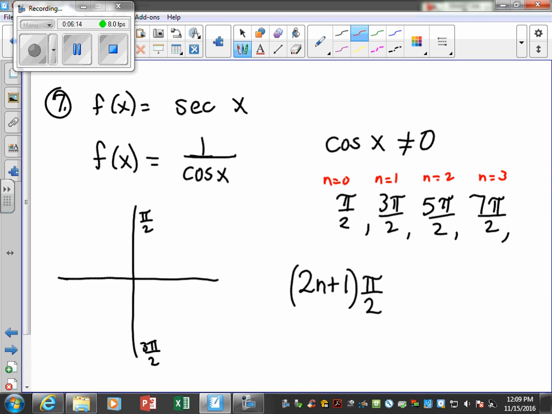We could keep going around and around. So cosine is undefined, and there are vertical asymptotes at all those values where cosine of x is equal to 0. This describes as many of them as we want, as many times as we want it to go around. That would be the formula that describes that.